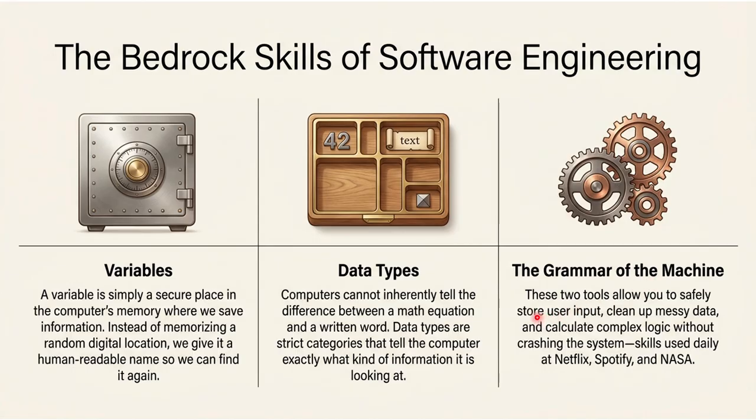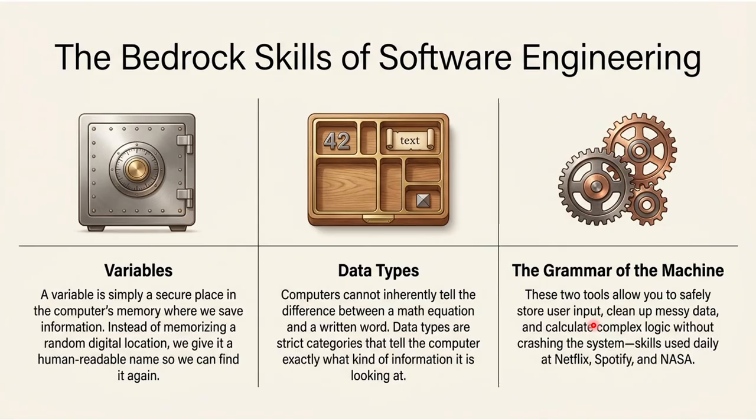Next comes the grammar of the machine. So what does this mean? These two tools allow you to safely store user input, clean up messy data, and calculate complex logic without crashing the system. Variables and data types help you store any input given by the user, or clean up messy data like in spreadsheets and databases.